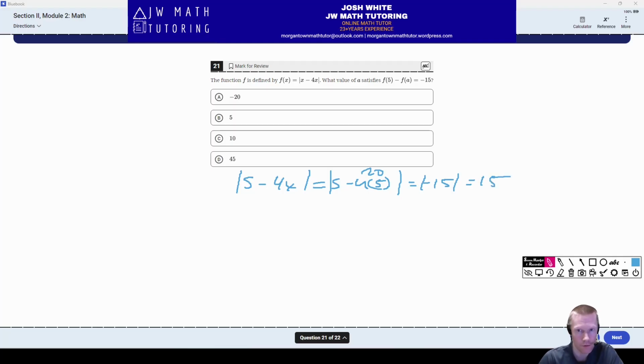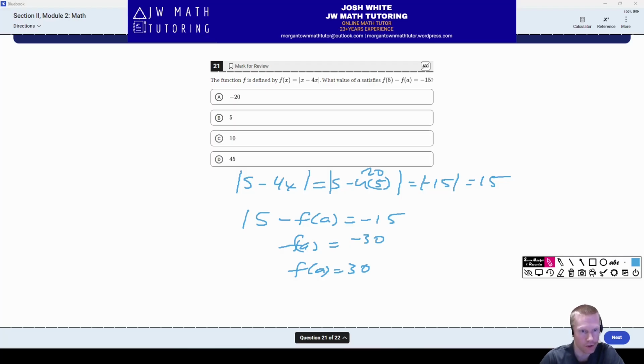Okay. So what we really have for this equation is 15 minus f of some number a equals negative 15. Or just rearranging this, negative f of a equals negative 30. Or in other words, some value that you plug in for x to this function will give 30 as an output.